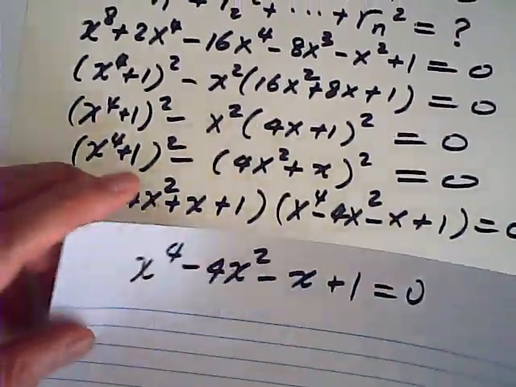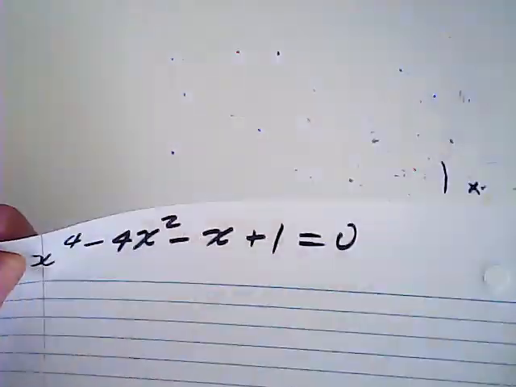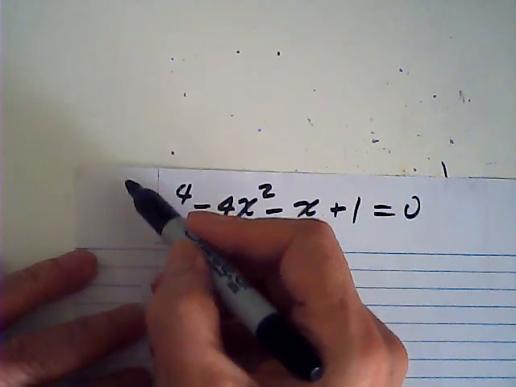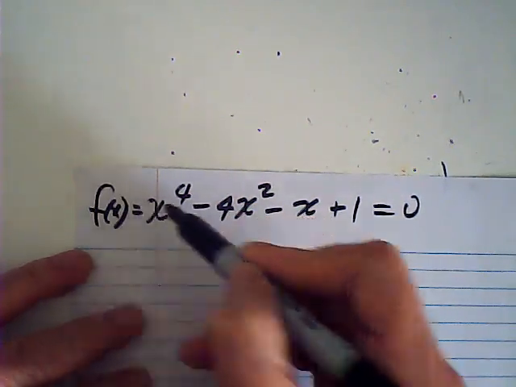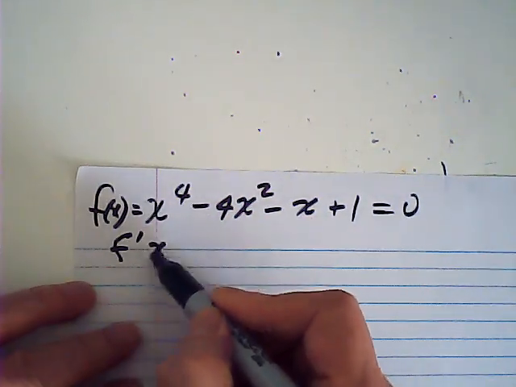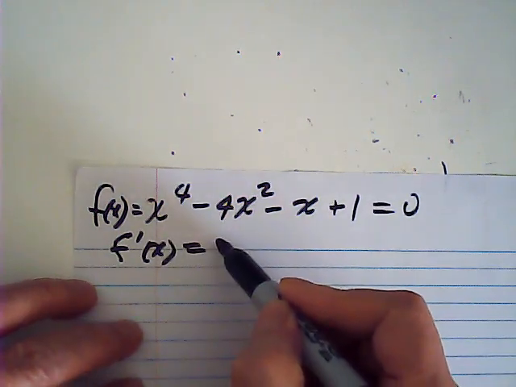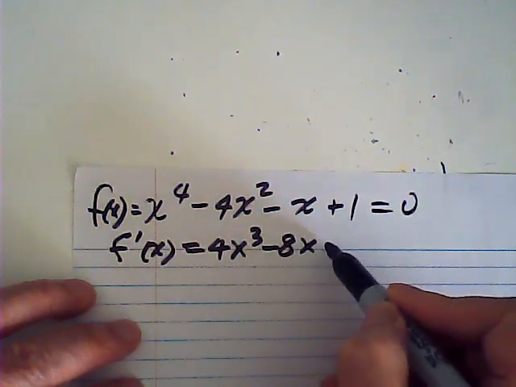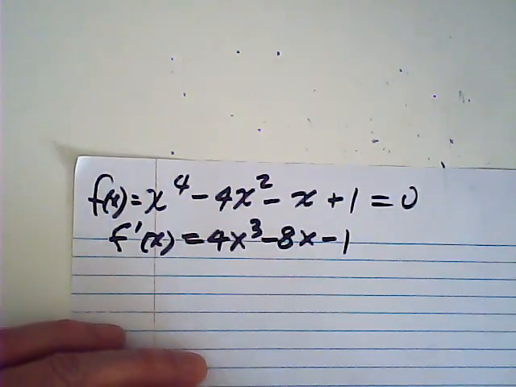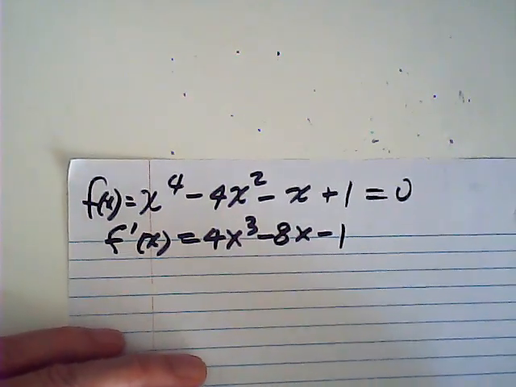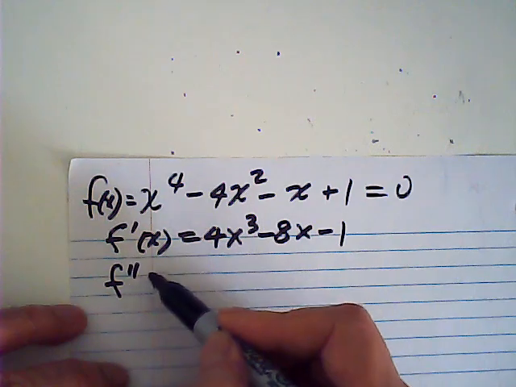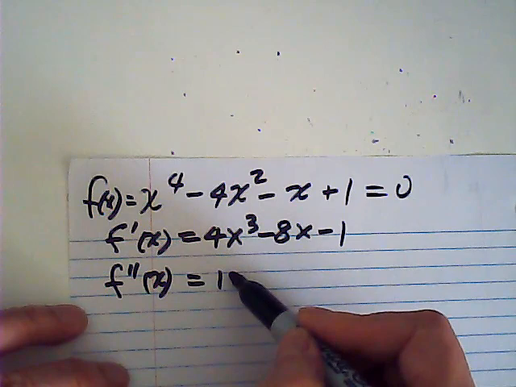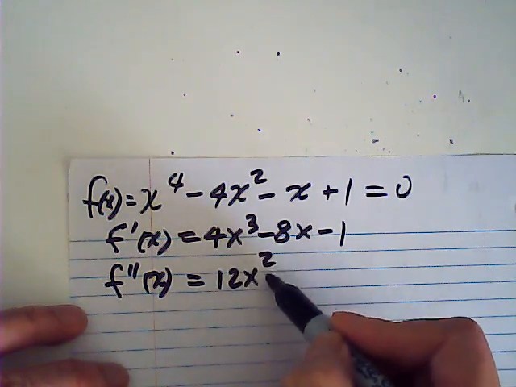Now, let me do this one. If this is f of x, then f prime of x is equal to 4x cubed minus 8x minus 1, right? F double prime is equal to 12x squared minus 8.